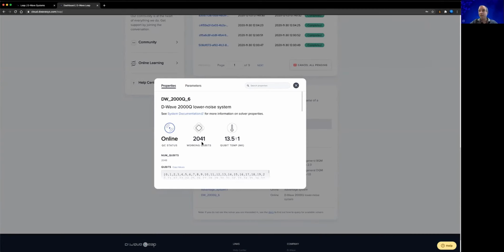qubits. Okay, and this may seem surprising, because on the IBM quantum computer we are using devices with 5 or maybe even one that is 16, and here we have 2,000. Okay, so why this difference? Well, the difference is because, as we mentioned in the slide, these computers do not implement any possible Hamiltonian.